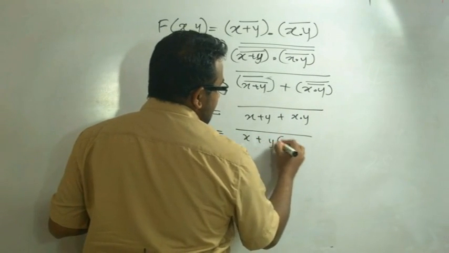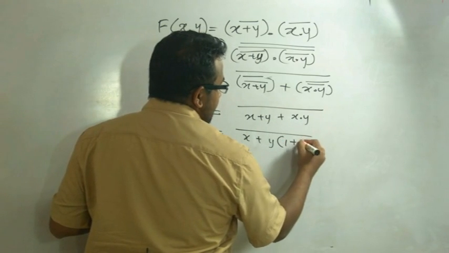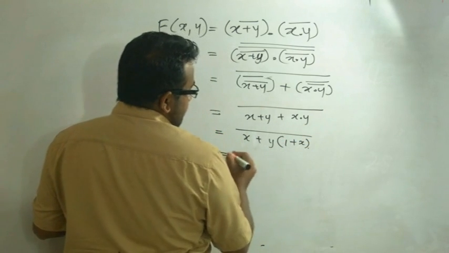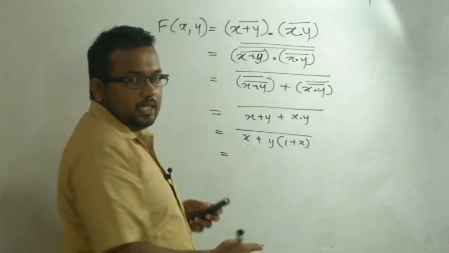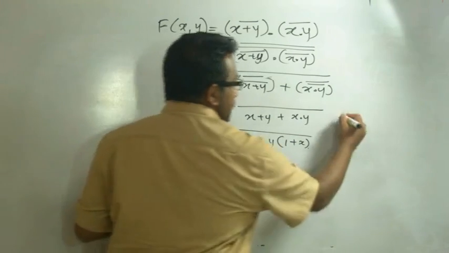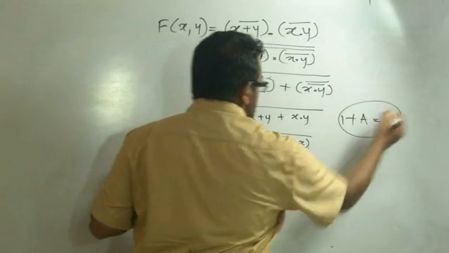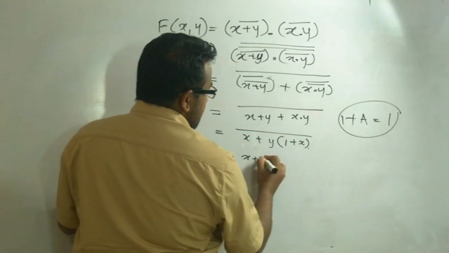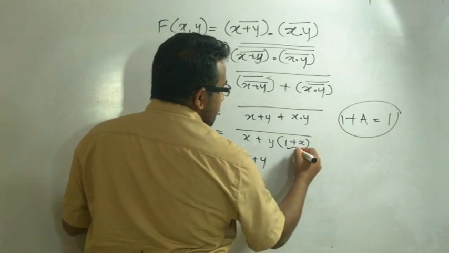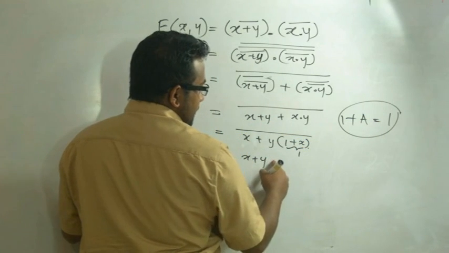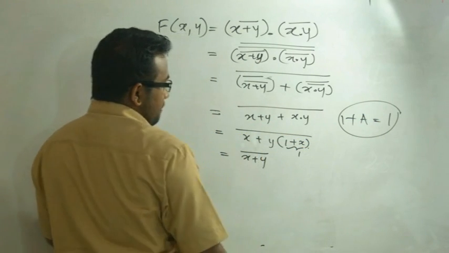We can simply consider this as 1 plus x. In Boolean algebra, you know 1 plus anything equals 1. So using this technique this is again 1, so we do not want to use it as 1, but still we have the bar.